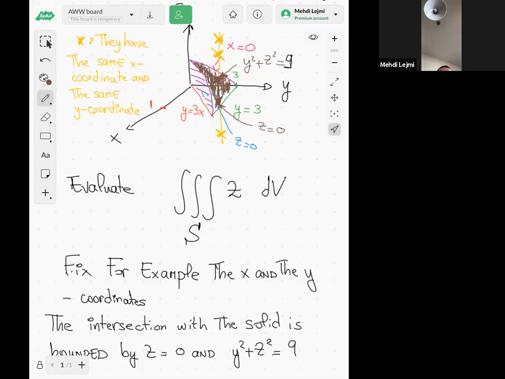So if you have trouble with this, guys, please let me know. I can explain it again, because this is very important. That's how we find the bounds for triple integrals. This is always the first step: fix the XY coordinates, or fix X and Z, or fix Y and Z, and then find the bounds of the intersection.